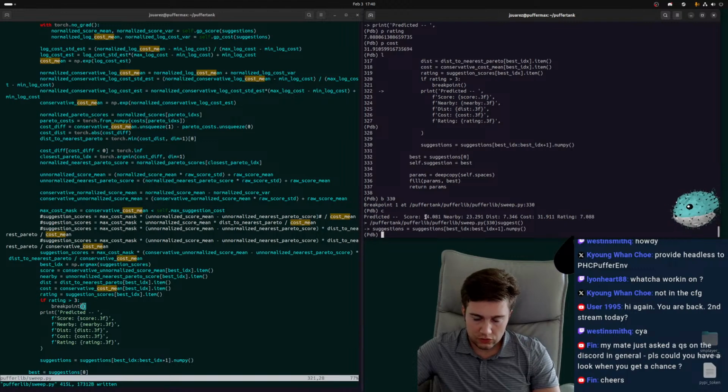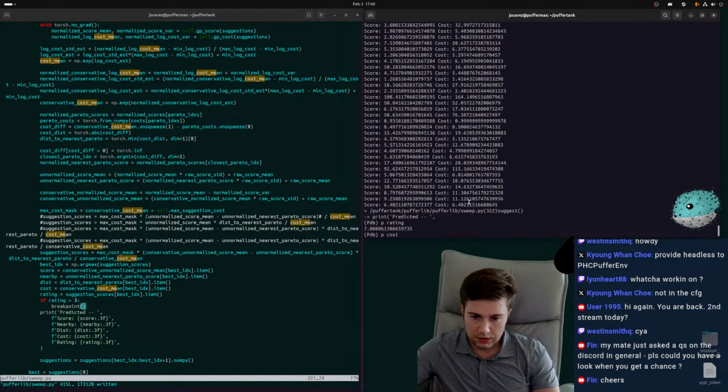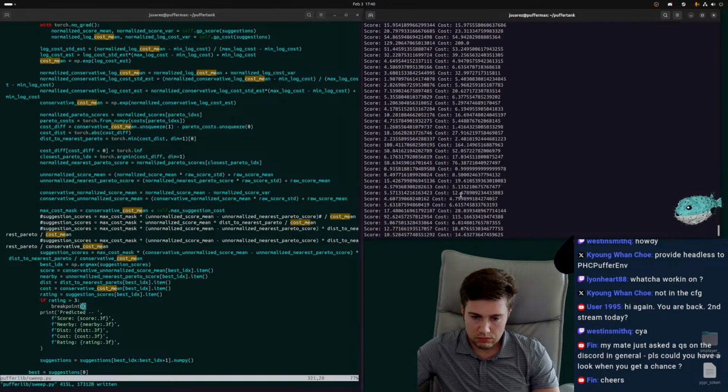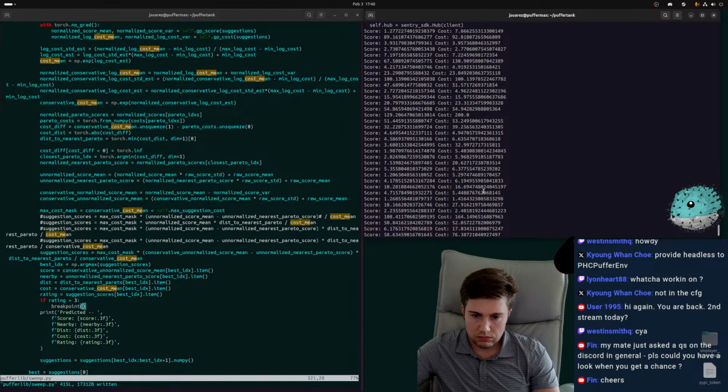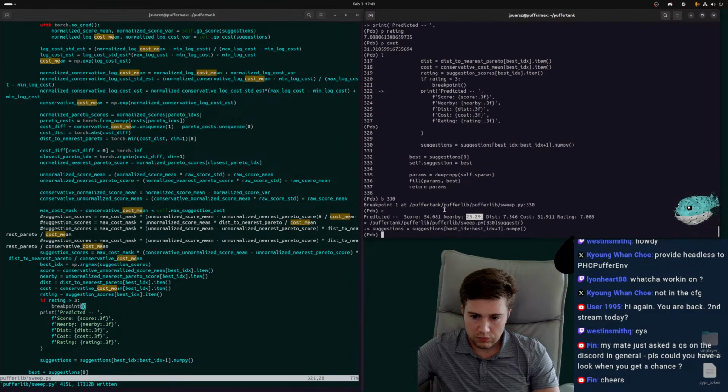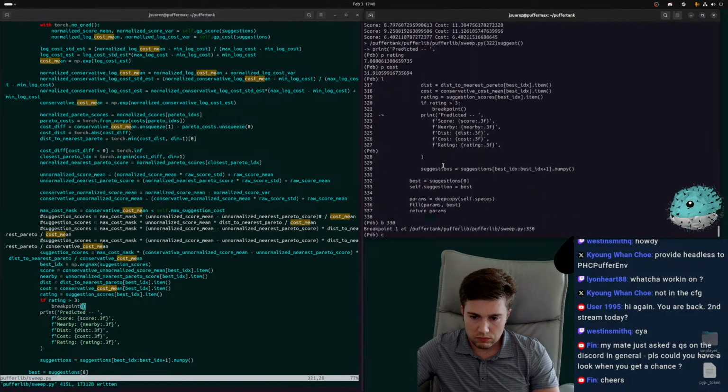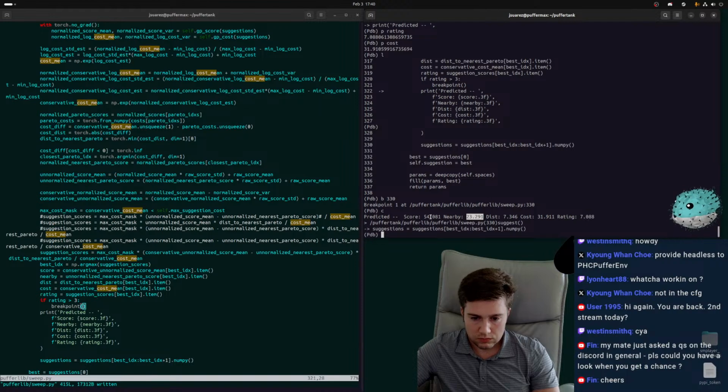It says that it's going to score 54. The nearest Pareto point is at 23. Can that be the case? 54 at a cost of 31.